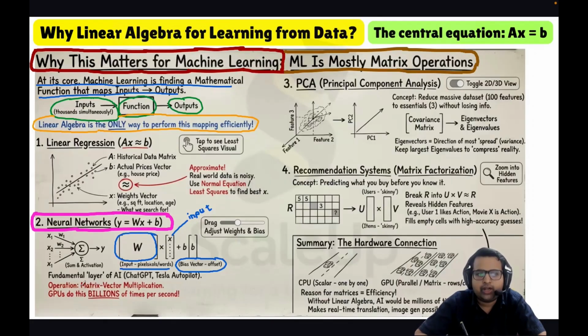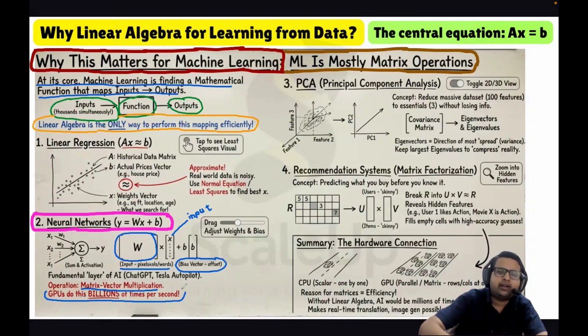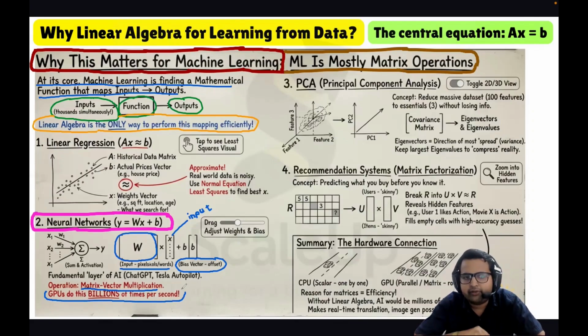In a neural network, we do the matrix-vector multiplication operation. When you run a large model, your GPU is doing matrix-vector multiplication billions of times per second. It is just multiplying the weight matrix with the input vector and adding the bias vector to get an output.